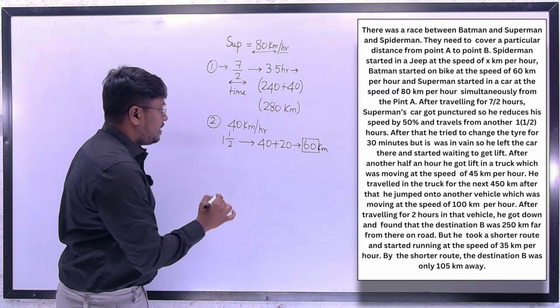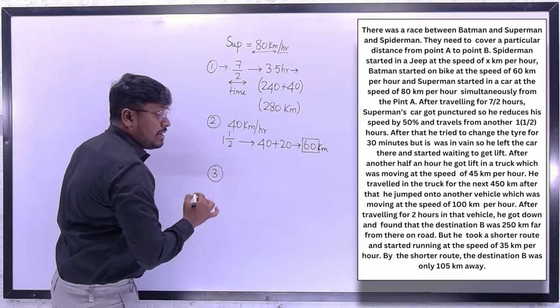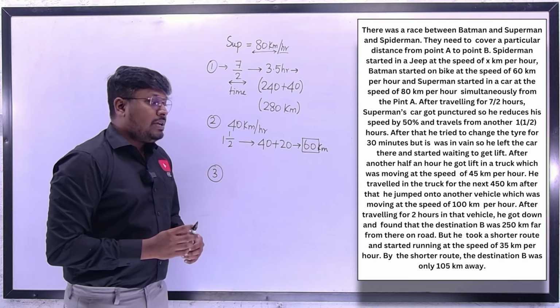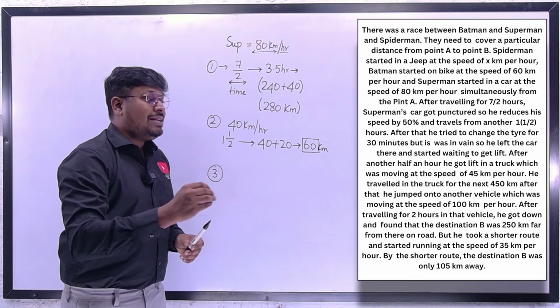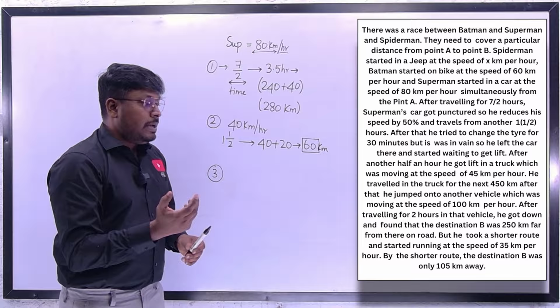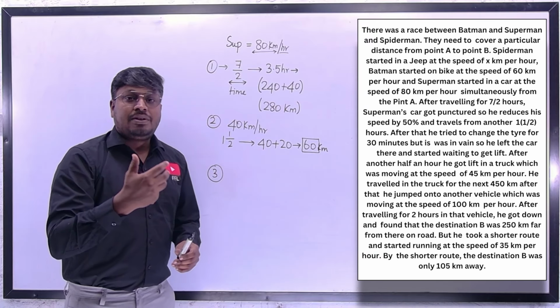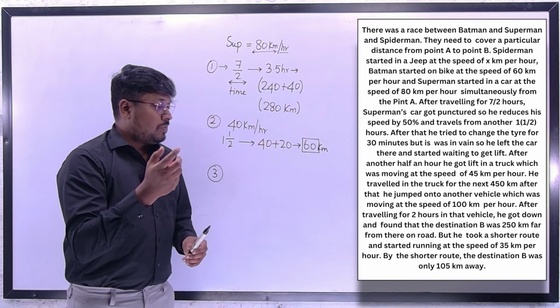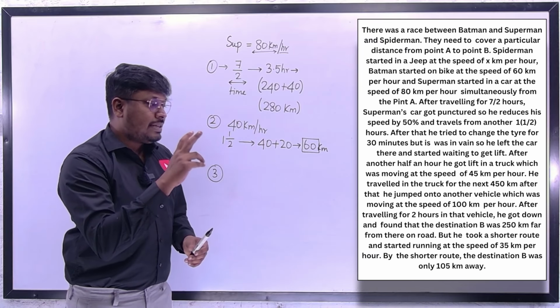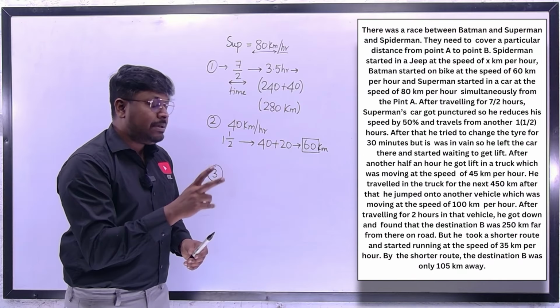So let me find all the remaining distance. Next point: after that he tried to change the tire for 30 minutes, but it was in vain, so he left the car and started waiting for a lift.